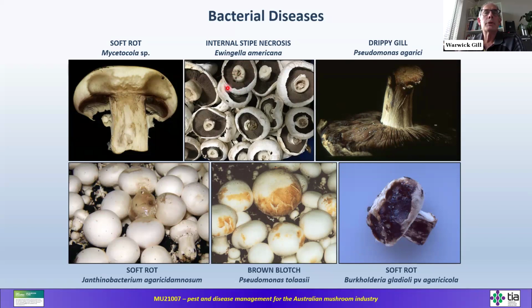Internal stipe necrosis, which we see, the cause of the issue is still debatable. We know that Ewingella americana is usually isolated in association with the necrotic stipes, or the dead tissue that forms in the middle of the stipes, but there's no evidence to suggest that the bacterium causes that issue.